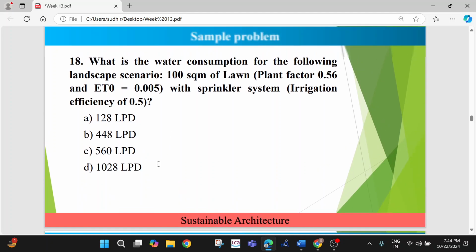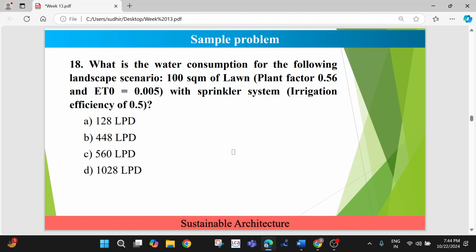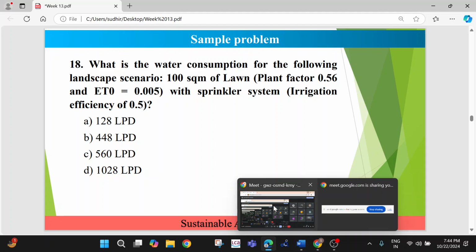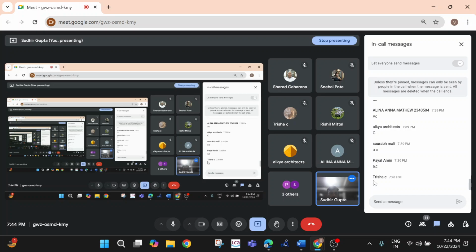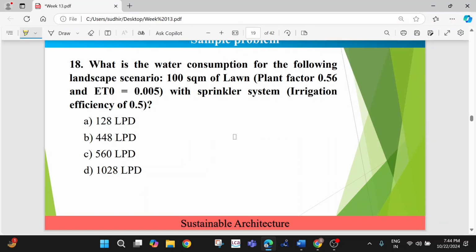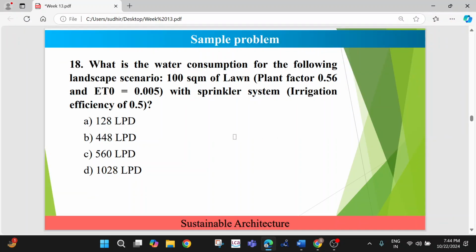So let's see how many of you can answer it correctly. If all of you answer it correctly, then we will be moving to the next question. Otherwise, we will be discussing it. 18. I think till now only Trisha has answered. So let's wait for others also to calculate and answer it correctly.